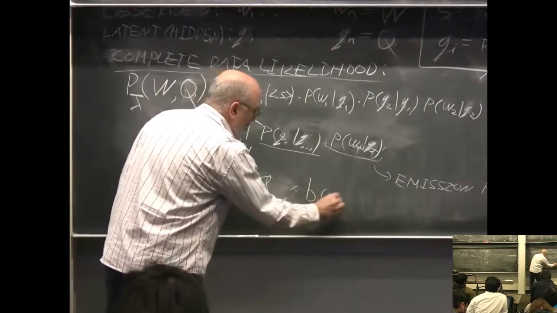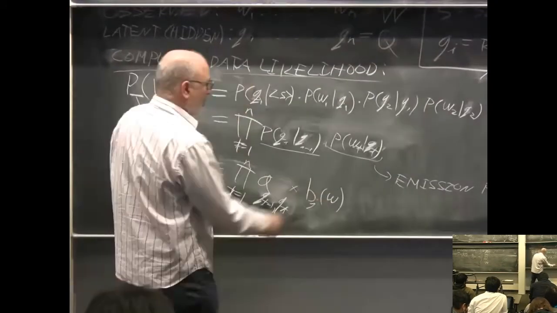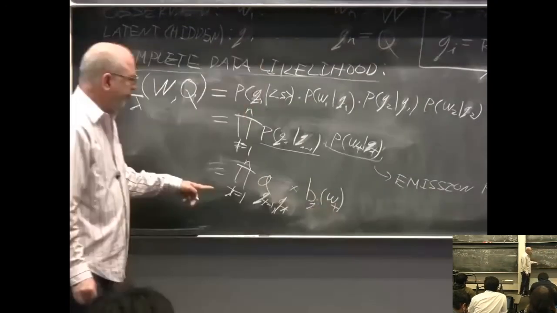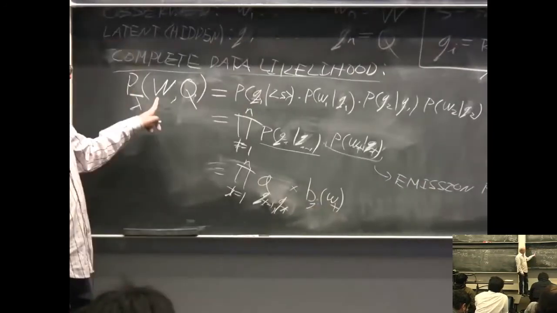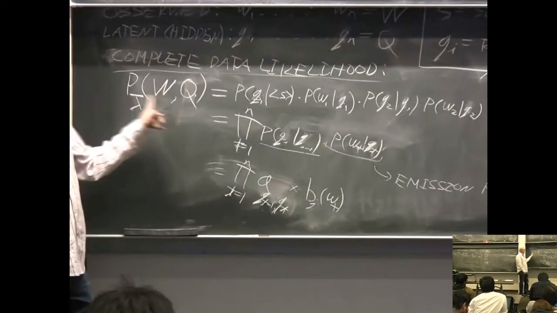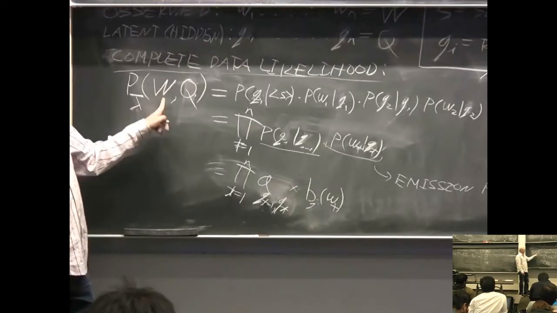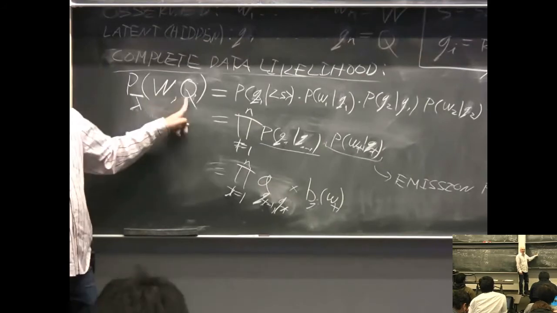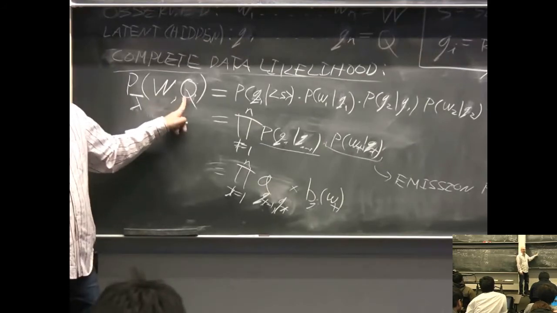B_j of W, which W is that? W_t. This is the probability that this model gives to this complete data, the word sequence and the hidden state sequence, if it were not hidden.